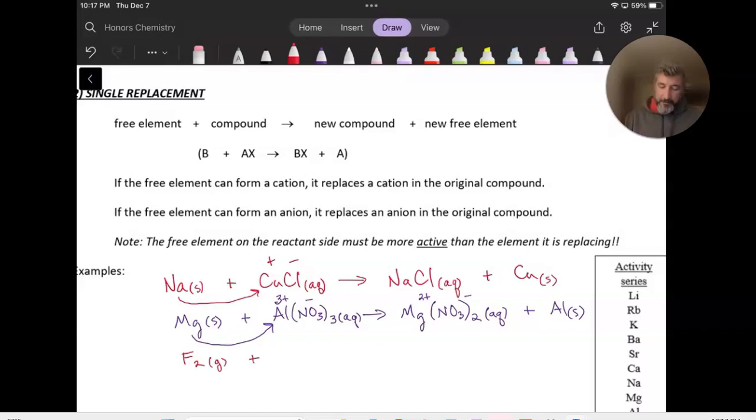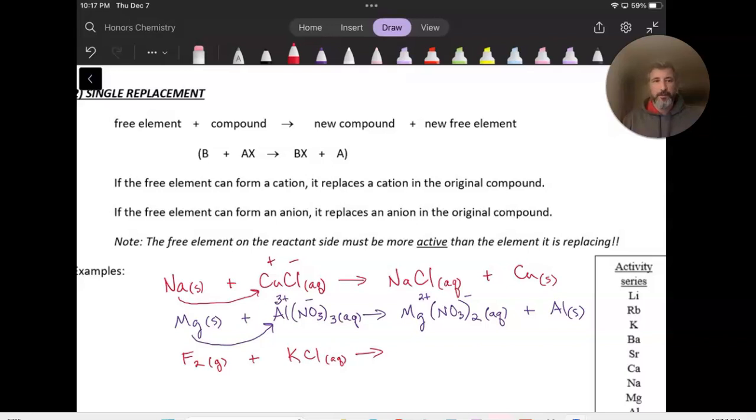Let's say that the fluorine here is going to try to react with potassium chloride. Okay, that's aqueous. And then what's going to happen here is the fluorine, right now it's not charged, but if it were charged, it would have a negative charge, right? -1 specifically. And so that's an anion.